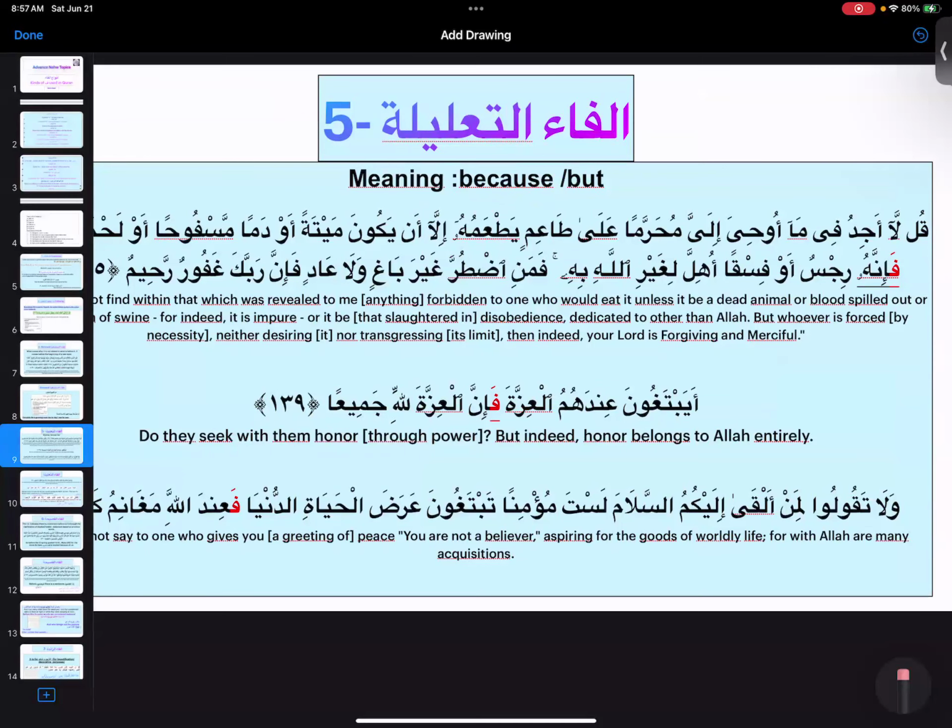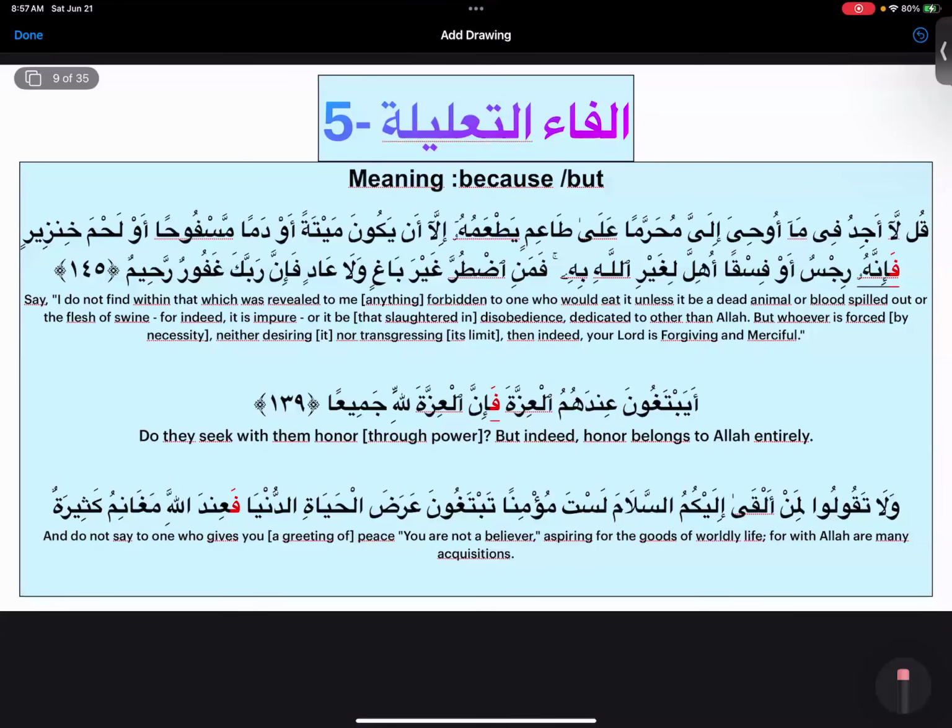Then comes fa talilia, and talil means reason. In translation, but or because would come to translate this kind of fa. And we see that there is a command given that you should not be eating dead meat or the flowing blood or the flesh of a pig, right?